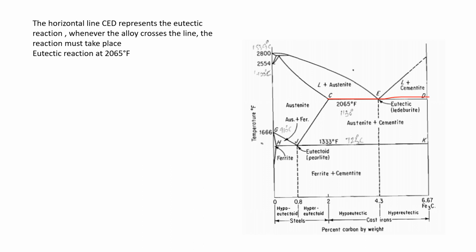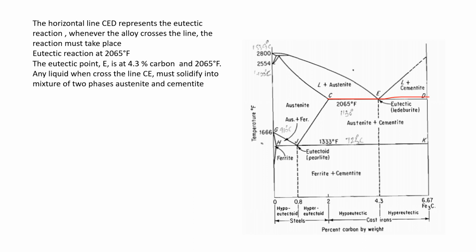The eutectic reaction takes place at 2065 degrees Fahrenheit. What will be that reaction? The eutectic point is at 4.3% carbon and 2065 degrees Fahrenheit.